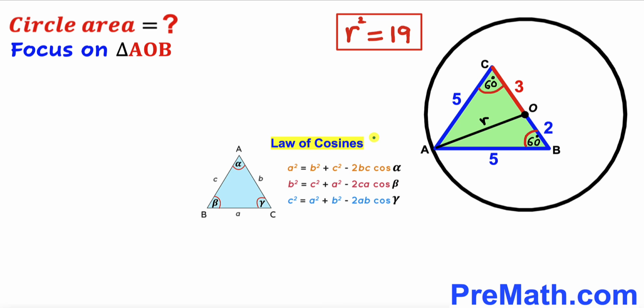Let's recall the law of cosines once again and apply it on triangle AOB. We write r squared equals 2 squared plus 5 squared minus 2 times 2 times 5 times cosine of 60 degrees.